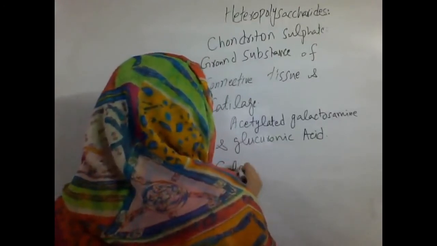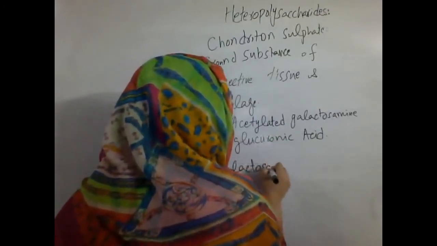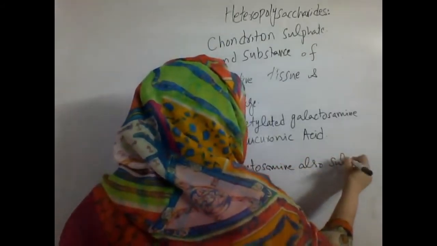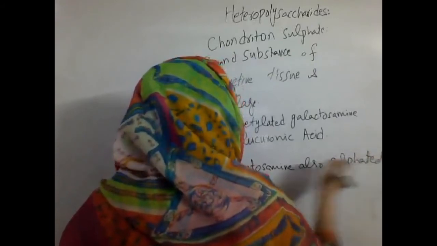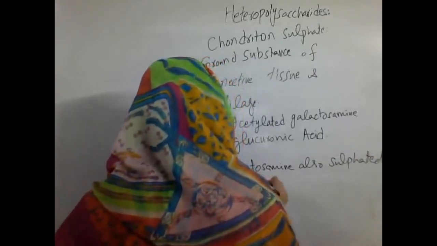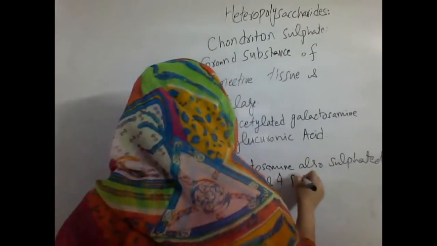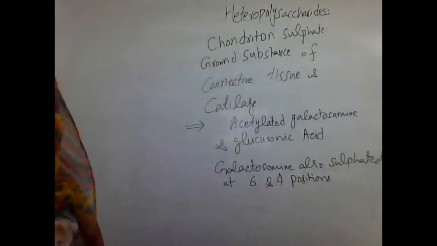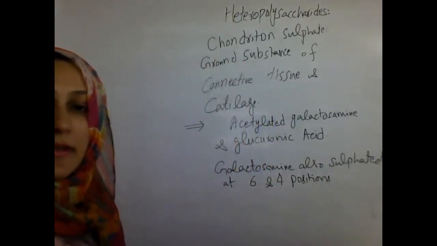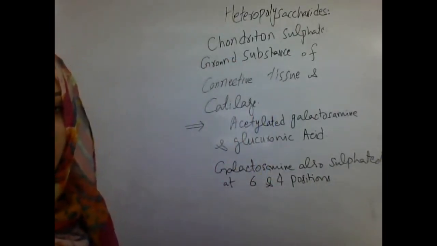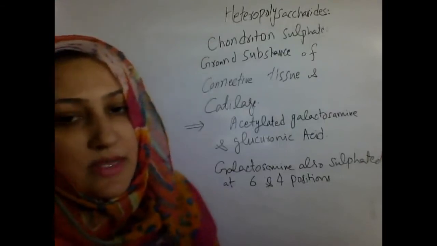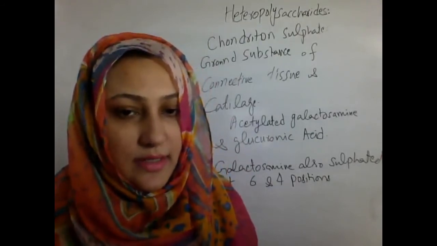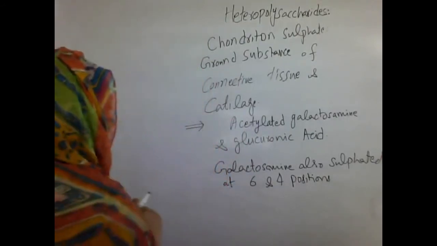The galactosamine is also sulfated at 6 and 4 positions in some units. This is the polymer of acetylated galactosamine and glucuronic acid, and the galactosamine units are sulfated in some units at the 6 and 4 positions by the sulfuric acid.